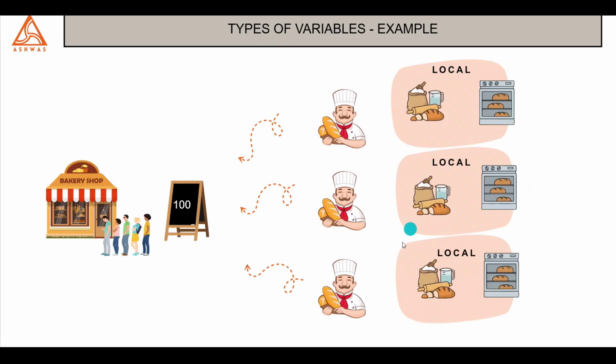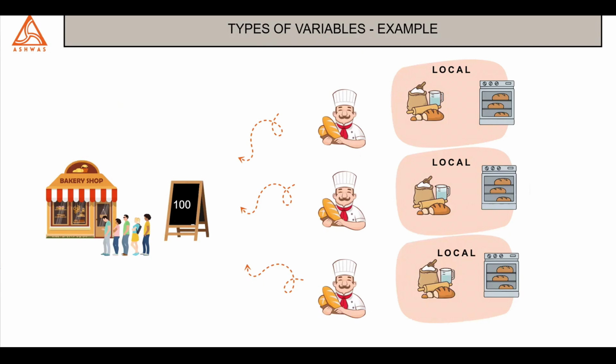Okay? All right. Next, let us talk about instance variables. Instance variables are a level higher than local variables. In object-oriented programming, instance means object and object means instance.